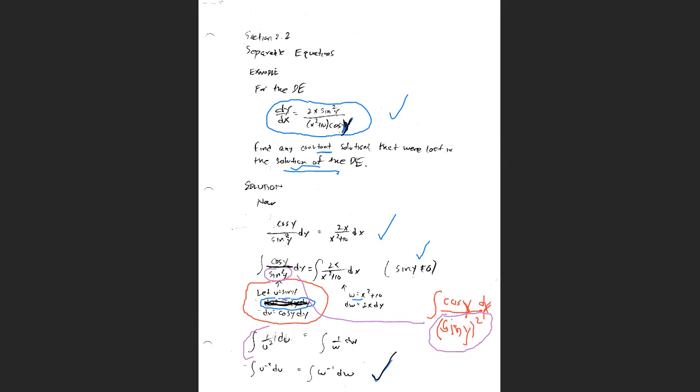When you did the sine of y does not equal 0, would you have to do the same thing with the x squared plus 10? Well, good question, Paige. Will x squared plus 10 ever equal 0? No. X squared is always positive. So we don't have to worry about the denominator on the right. It's just on the left we have to worry about.